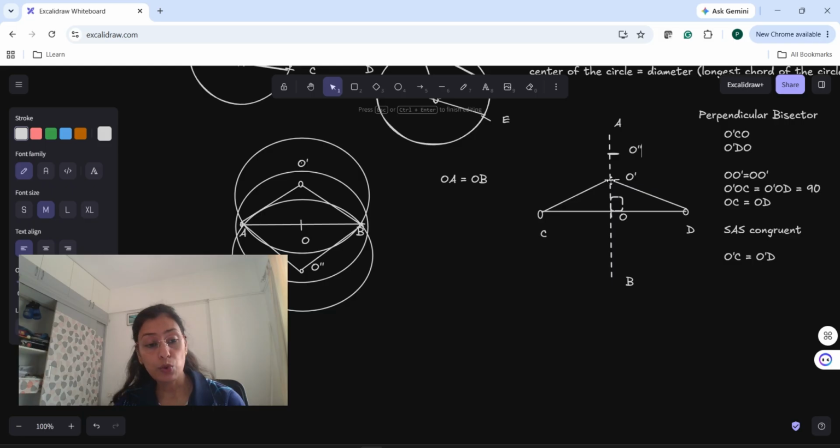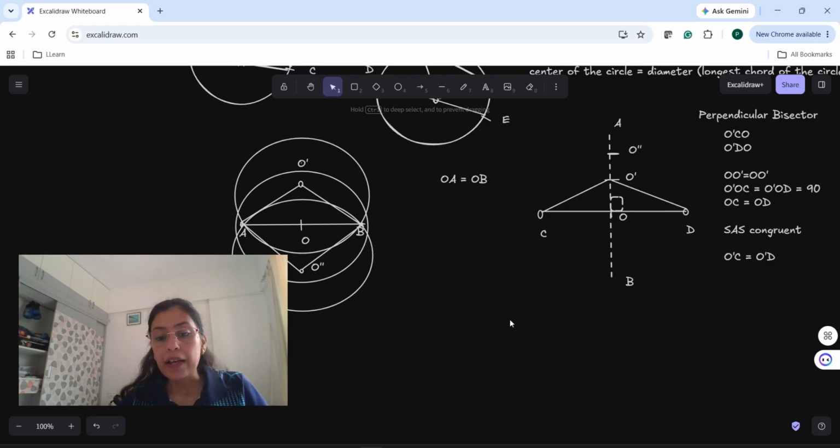So you can use O dash as a center, make a circle, O double dash as a center, make a circle passing through C and D. You can take on this side, below, on OB, any point, again, that will be at the same distance from C and D. You can use it as a center and make a circle passing through C and D, right?